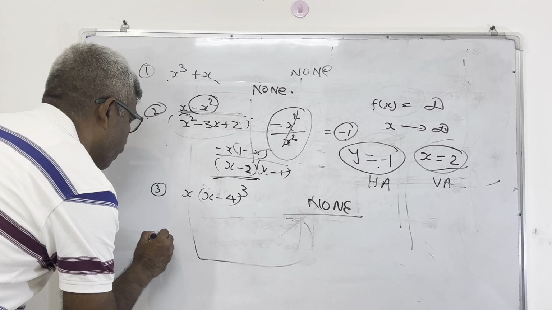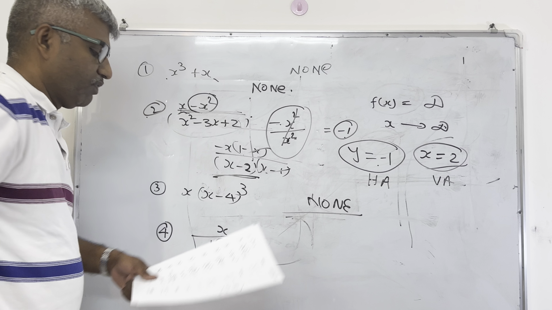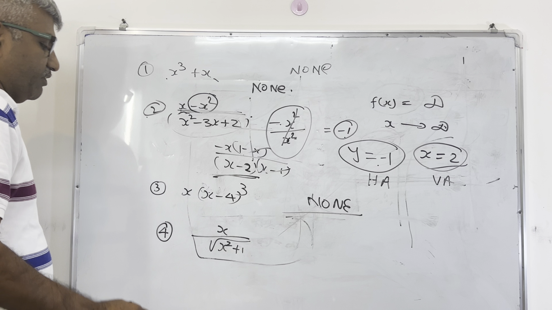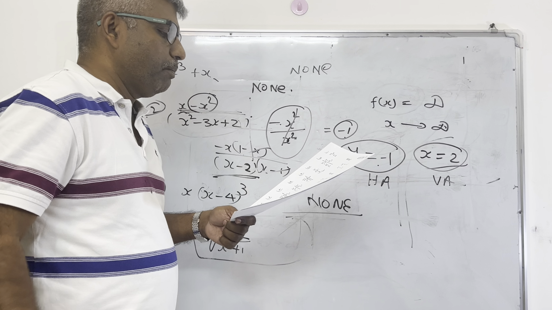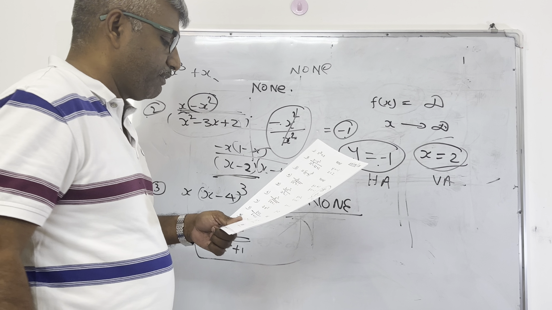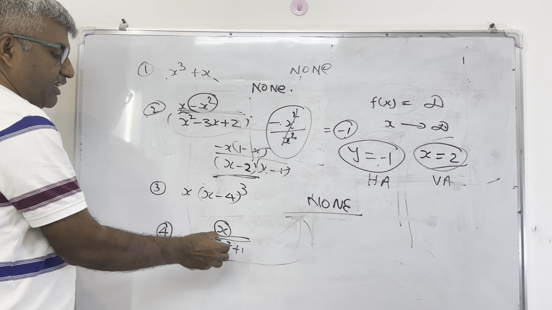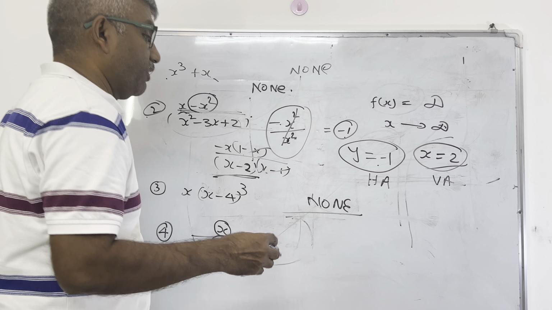Question number 4, very interesting question. x over square root of x squared plus 1. Here a fraction came. If a fraction comes, there will mostly be a horizontal asymptote. Okay, but here the highest power is x. Here the highest power is x squared, but it is in a square root.